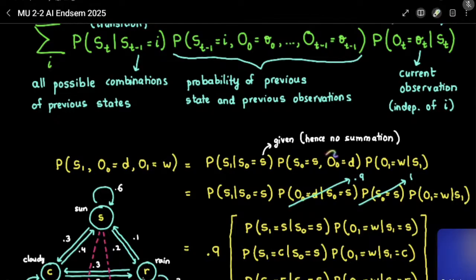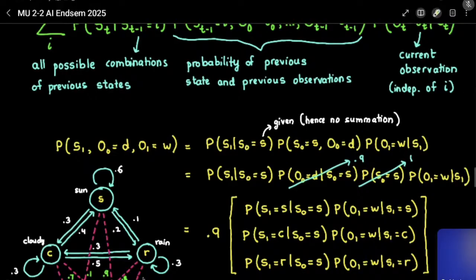So I can write this as probability of S0 equal to S, or fine, you can use this one here. Probability of A and B is nothing but probability of A given B into probability of B. So I can use this rule and open this one, right? So here A is this one, B is this one. So A given B.